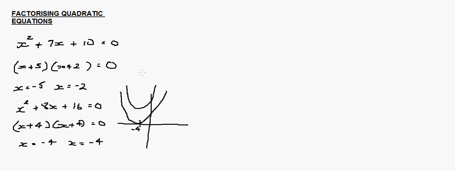So if we have, let's say, x squared minus 2x minus 8, and this equals 0. Now if they say to factorise this, we know that it's 2 brackets, and this will equal 0.